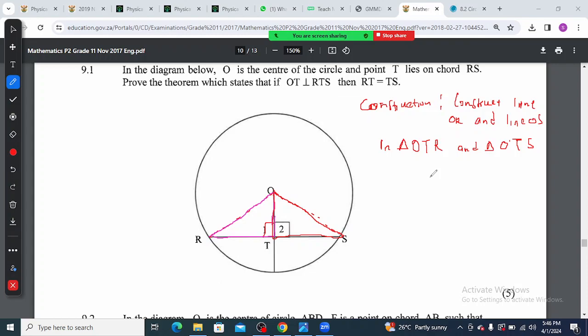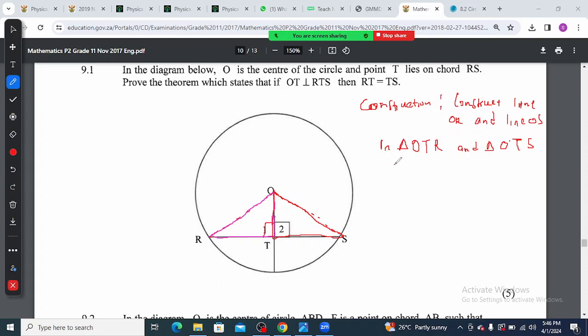And once you have three reasons, then you can conclude and say these two triangles are congruent to one another. Any question here?